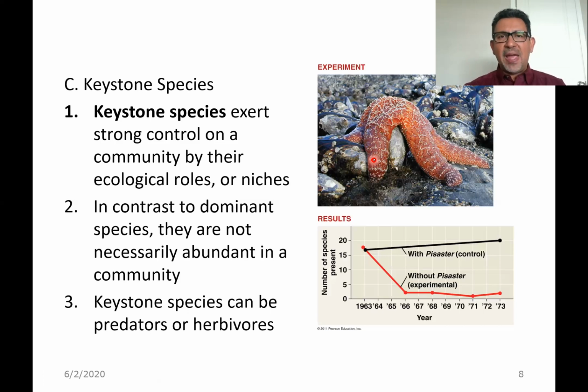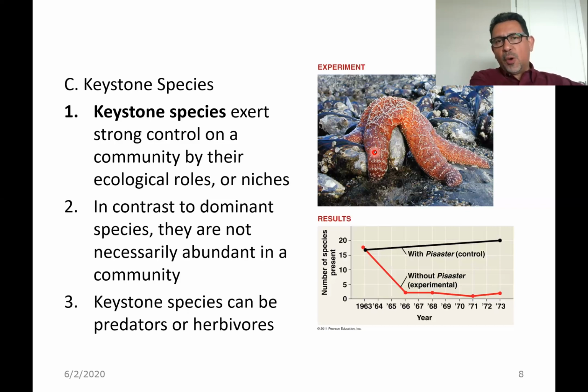But Bob Paine from the University of Washington, one of our neighbor institutions, doing studies in the Olympic Peninsula with these animals, the ochre sea stars, removed them from one pool at the edge of the ocean. We have rocky shores in the Olympic Peninsula.